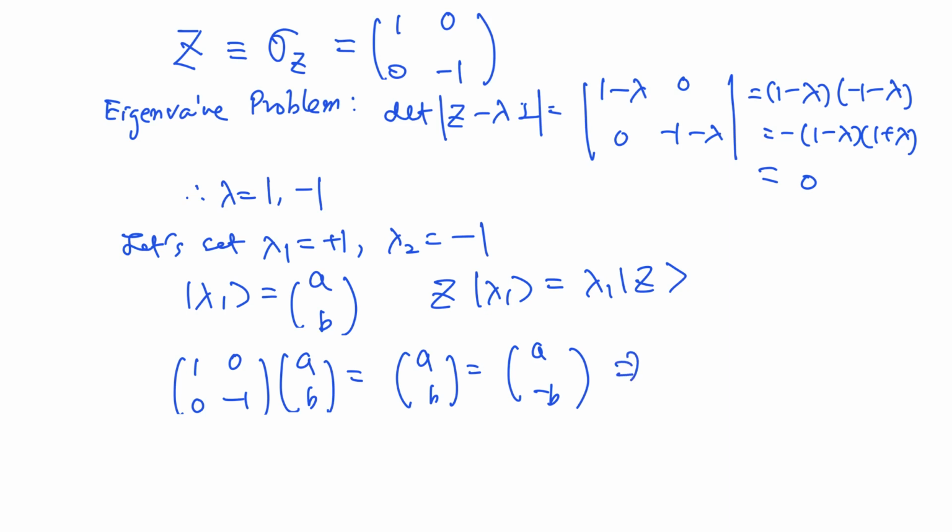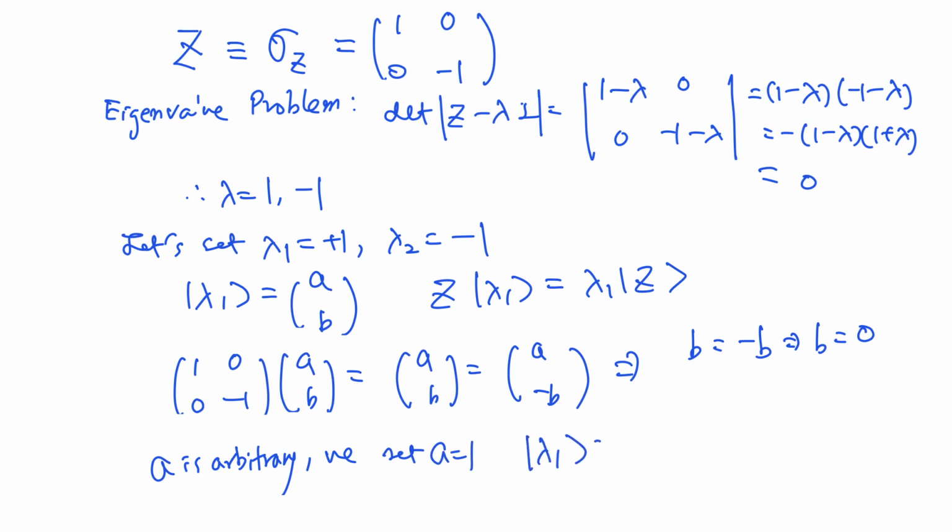So one thing is obvious, B is equal to minus B, so that means B is equal to 0. So A is arbitrary. We set A equal to 1. So lambda 1 is equal to (1, 0), which is already normalized.